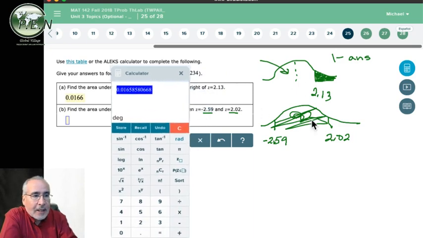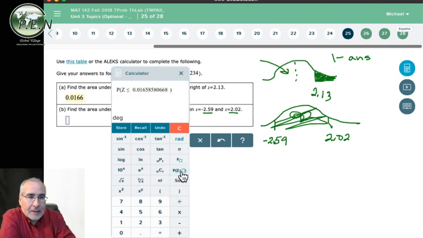Okay. So for these ones, we'll find the top one and then subtract and find the bottom one and subtract the 2. So what I can do is I could just set this up. Let me just clear it. So I'm going to find the probability to the left of 2.02. It's a z-score.